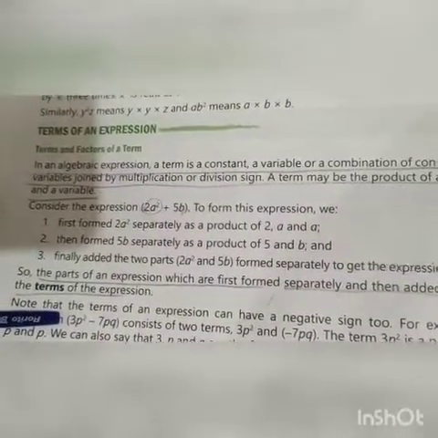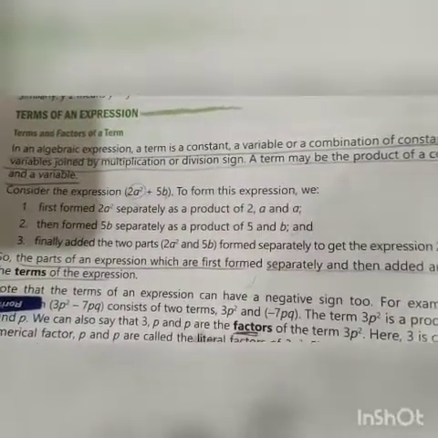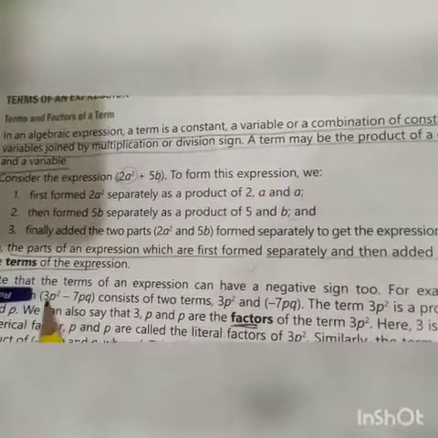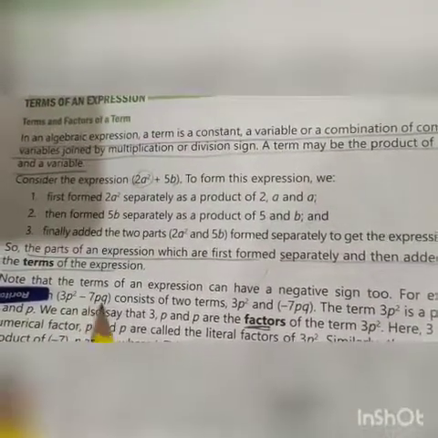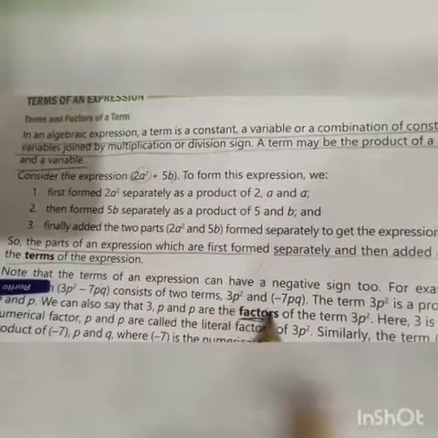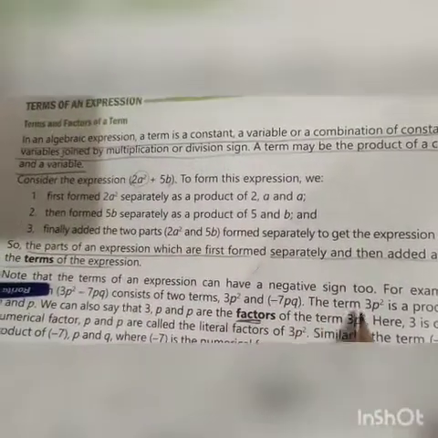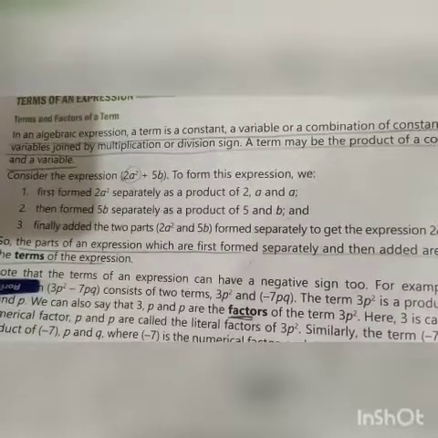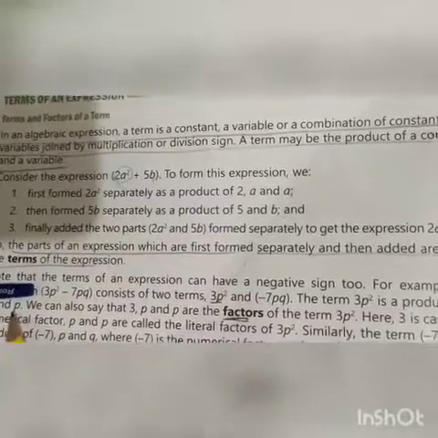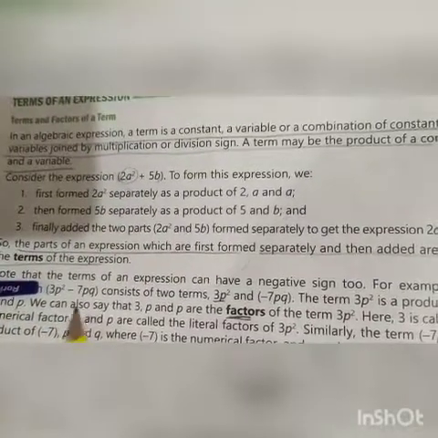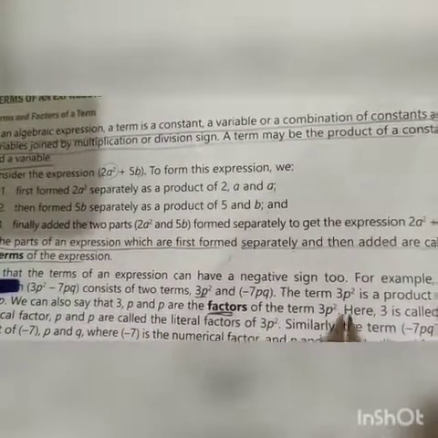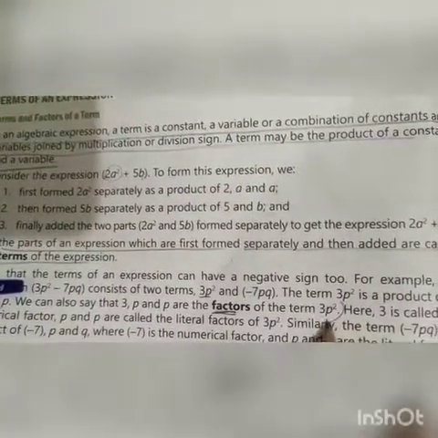See, what are factors? This is the definition of a factor. See here. In this expression 3p square minus 7pq, the expression consists of two terms, that is 3p square and minus 7pq. The term 3p square is a product of 3p and p. So we can also say that 3, p and p are the factors of the term 3p square.